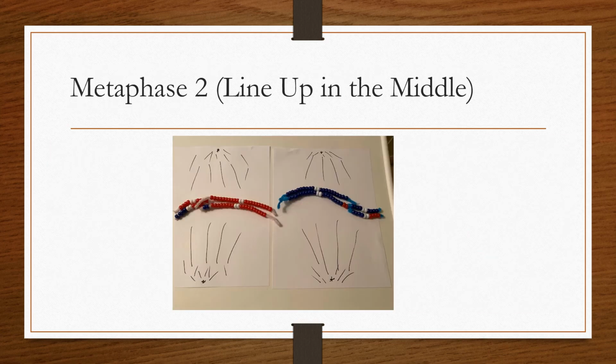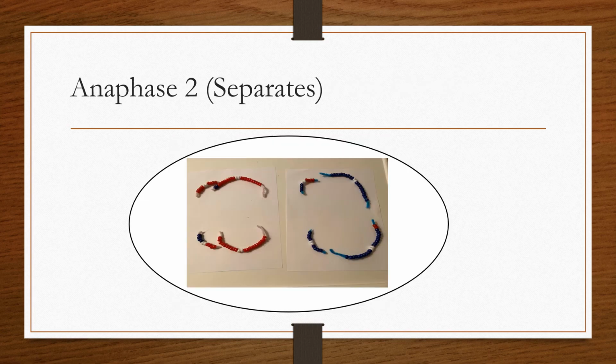The next step is metaphase 2. Again, in this phase, the chromosomes line up along the middle, with the fibers making them line up in a straight line again. So this is metaphase 2. After metaphase 2 comes anaphase 2.